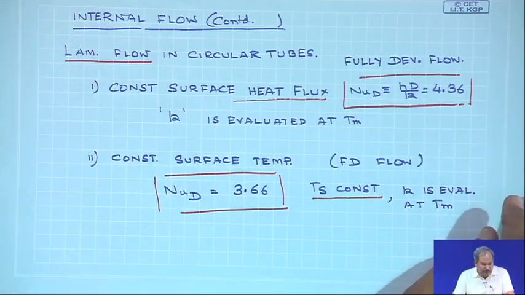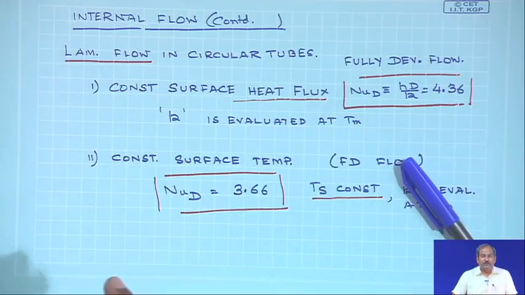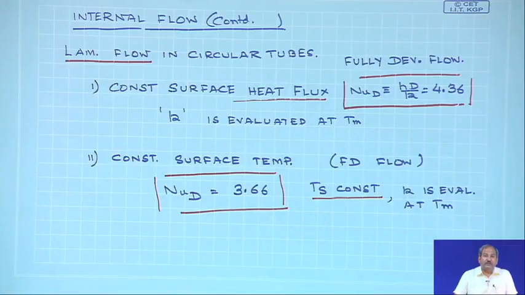So, up to this point it is fine, but the problem is how do we expand these results, how do we extrapolate these results for the case of turbulent flow.